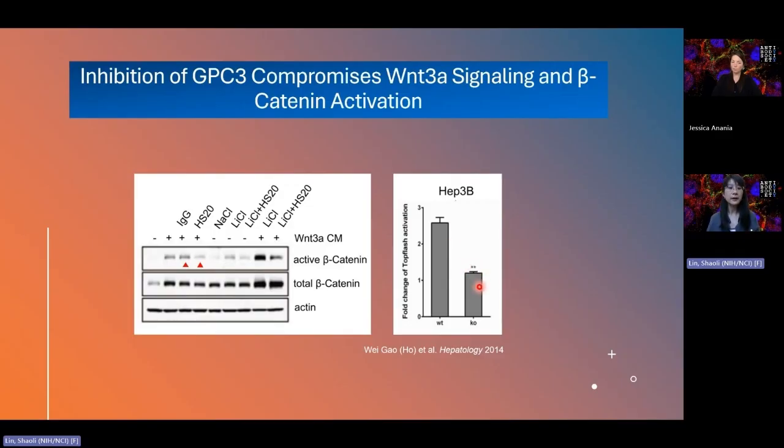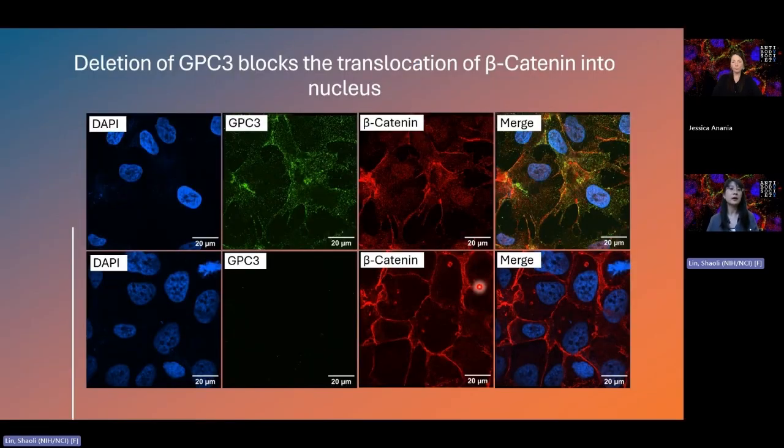And then to further identify the effect on the activation of β-catenin, I further did a co-staining of GPC3 and β-catenin in the immunofluorescence staining. We can see from here that in the presence of GPC3, we can not only see the membrane and cytoplasm β-catenin, we also see a decent amount of β-catenin in the nucleus here and here, indicating that in the presence of GPC3, β-catenin could be activated and translocated into the nucleus for the cancer gene transcription.